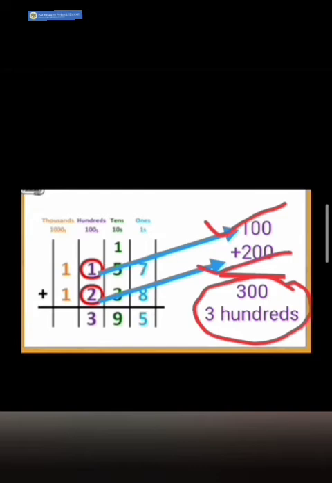We will write 3 only because 3 is at hundreds place. Now look at the thousands column. 1 will be added with 1, resulting in 2. So the final answer is 2395.